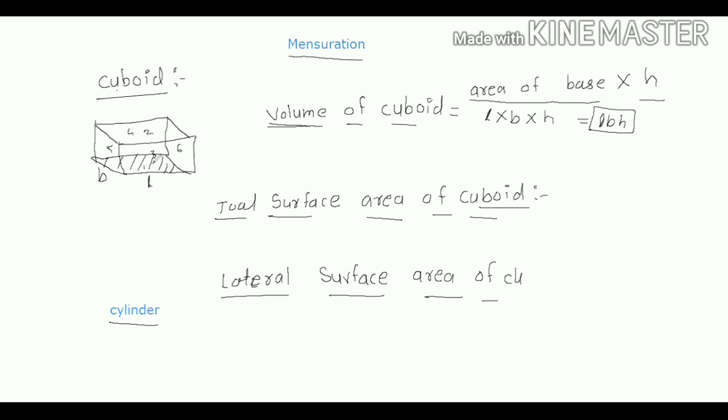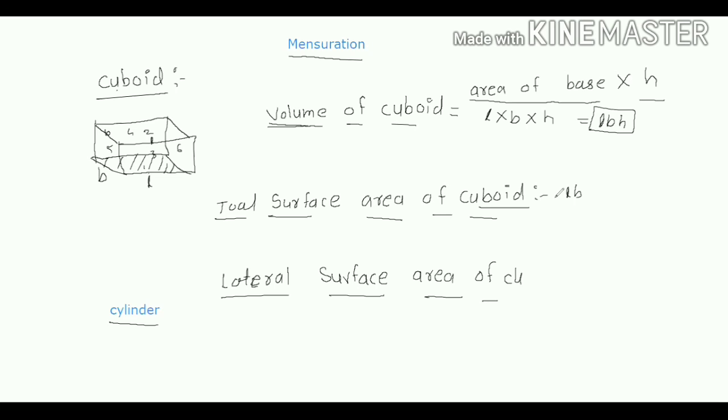Only opposite surfaces of a cuboid are the same. So let's talk about L into B. This is one surface, and here is another L into B.